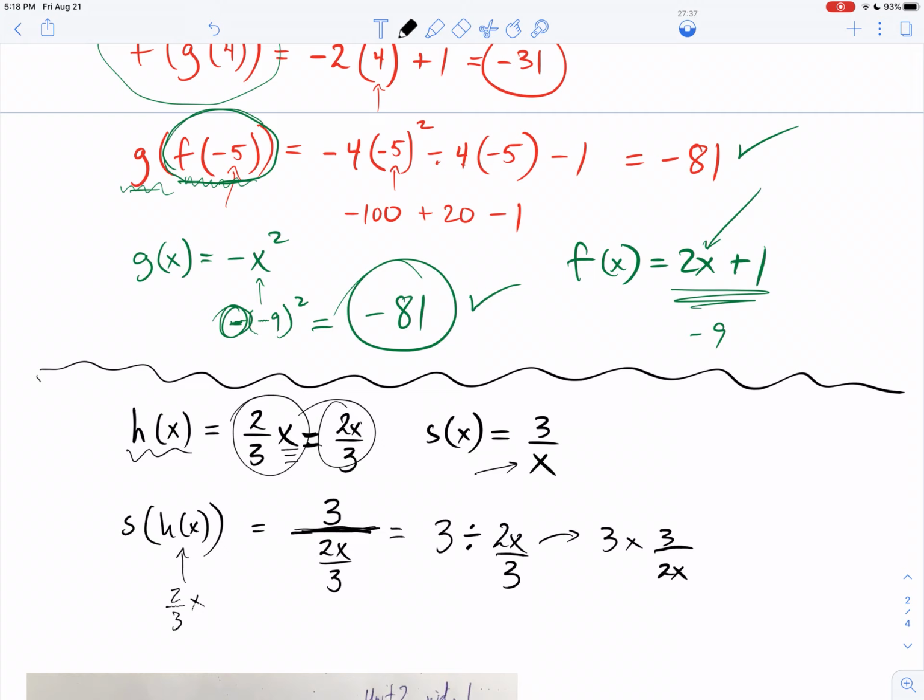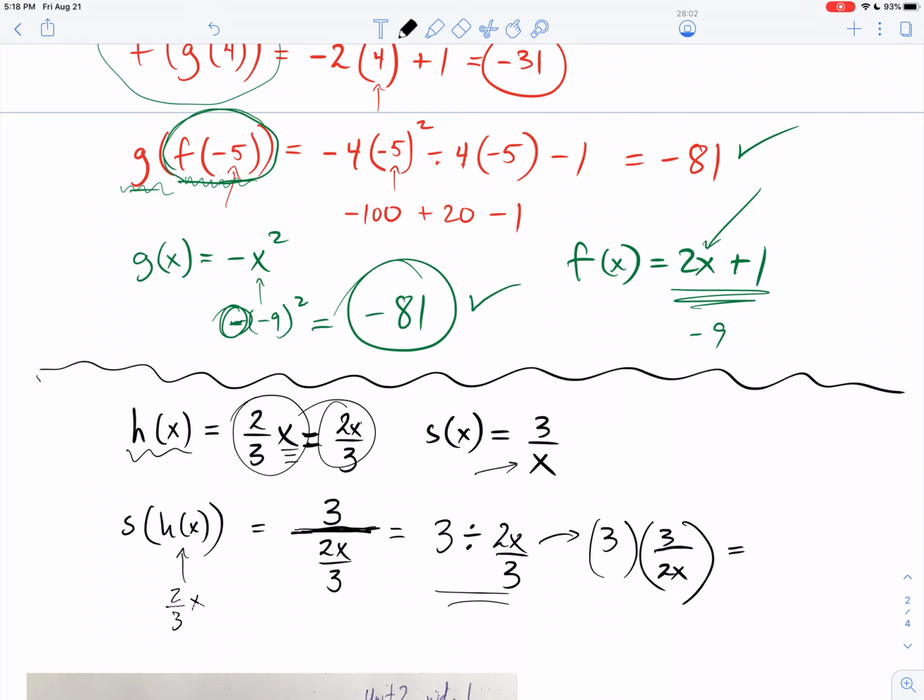Now in algebra, hang on, I want to do this for a second. I'm going to erase this. This is why they stop using x to mean multiply and they do stuff like this to us. Because there's already variables of x and we don't want to get anyone confused. So it's all a big game of let's try and not confuse people. But 3 divided by 2x divided by 3, that just means this guy.